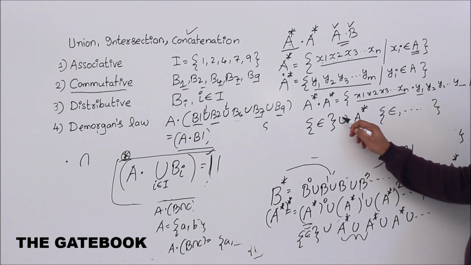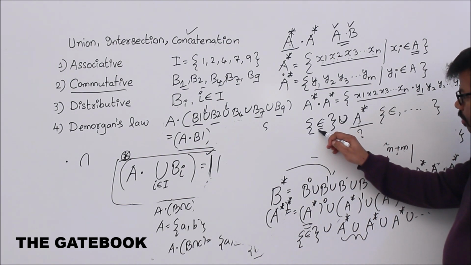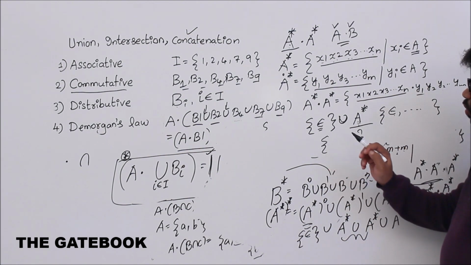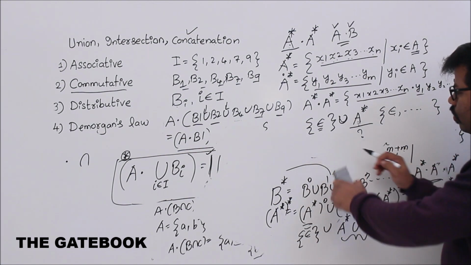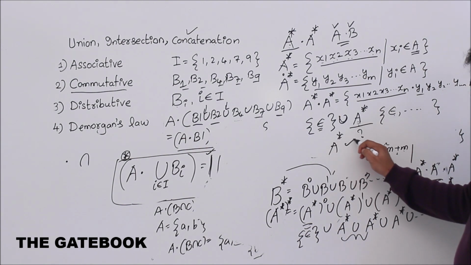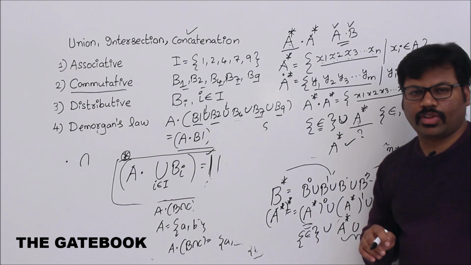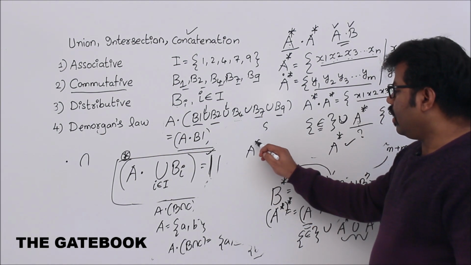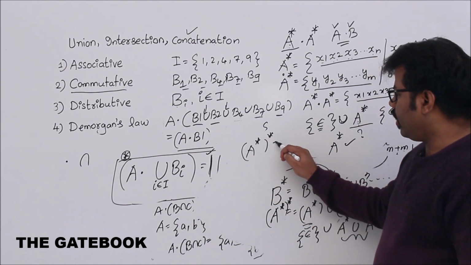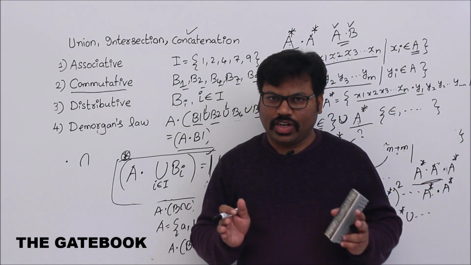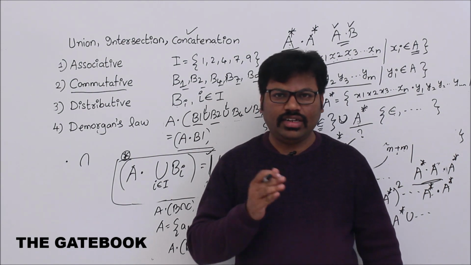Yes. So when you do the union of this set with only epsilon, A star already has epsilon, so you don't get any new element. That's why epsilon union A star is A star. Finally, we realize that A star whole star is A star. Now we have learned some of the important and useful operations related to sets and strings.